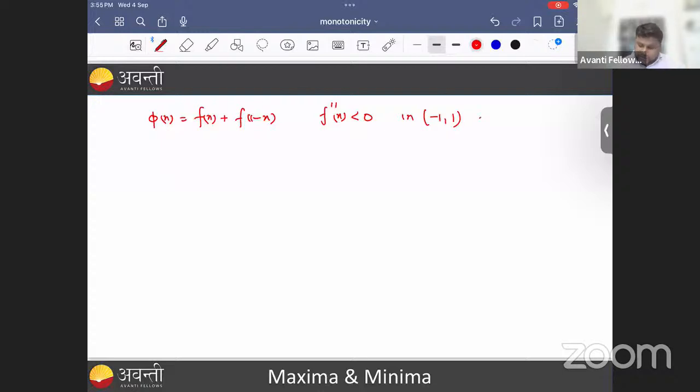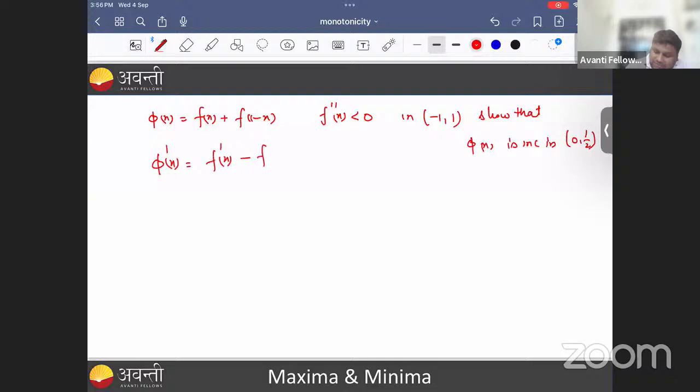Now they are asking, show that phi x is increasing in 0 to 1 by 2. Got it? Now let us see, what is phi dash x? Phi dash x will be f dash x minus f dash of 1 minus x.